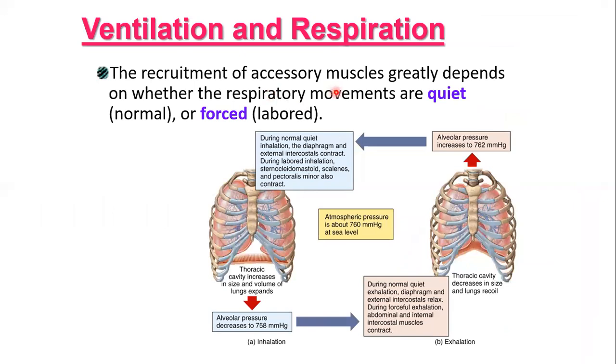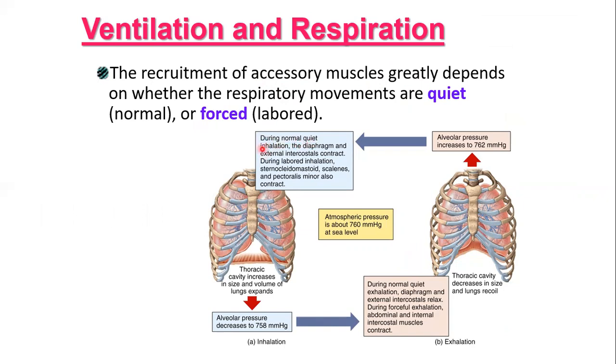The recruitment of accessory muscles will greatly depend on whether the respiratory movements are quiet or forced. As we just explained, we have muscles that support the normal quiet breathing and others that will support the forced breathing. Let's understand this mechanism.